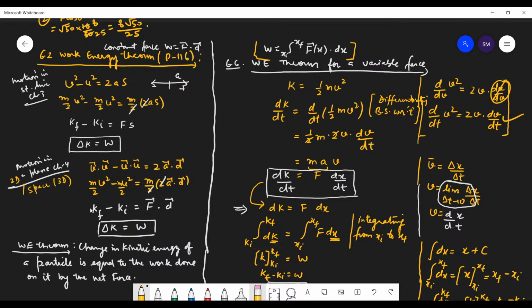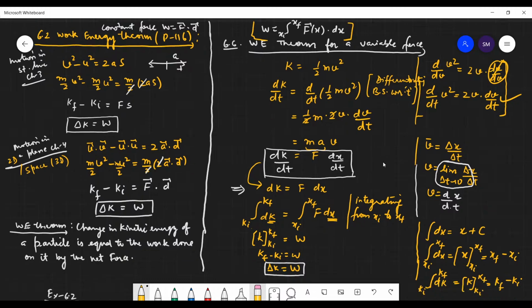Now this is for a constant force. For a variable force, we have K equal to half mv squared, and differentiating both sides with respect to t, we get this. Look here, I am differentiating v squared with respect to t.